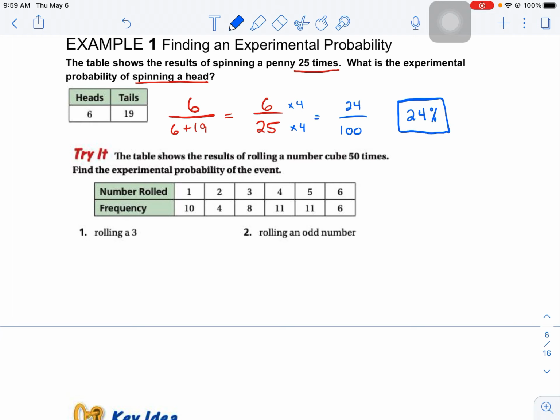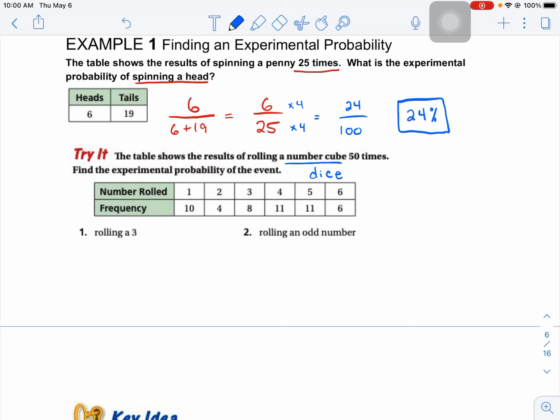This one says you're going to roll a number cube. A number cube is the same thing as a dice. So we're going to roll a dice 50 times. Find the experimental probability of the event. So first thing, I want to figure out the frequency or the number of trials. So I want to add up all of those frequencies.